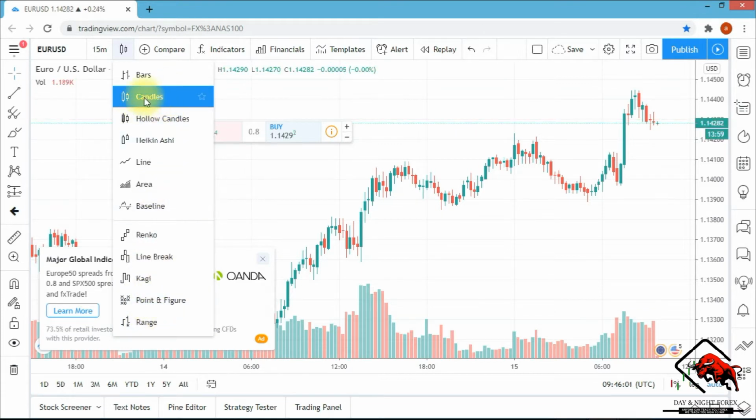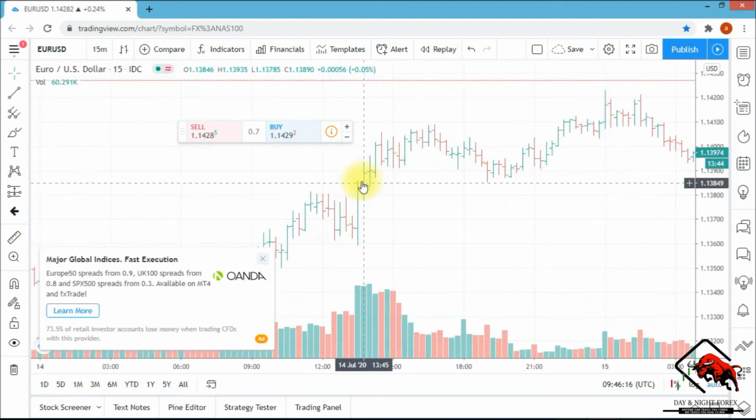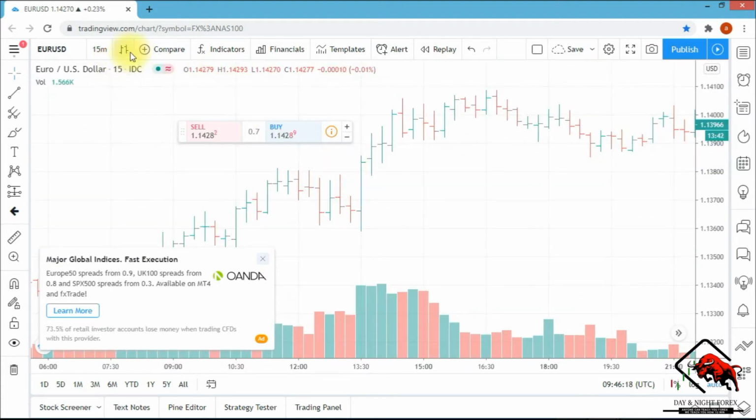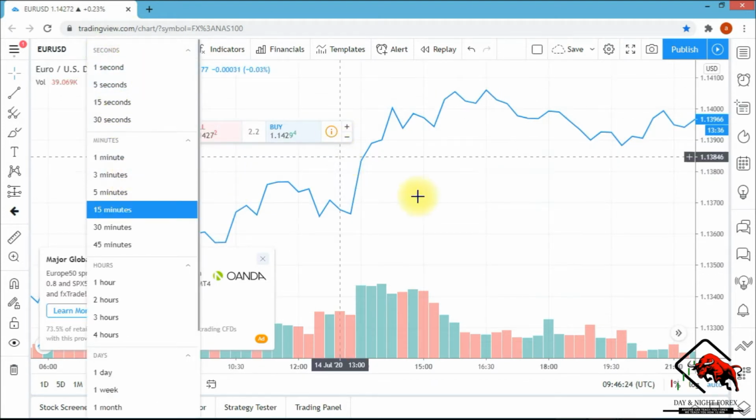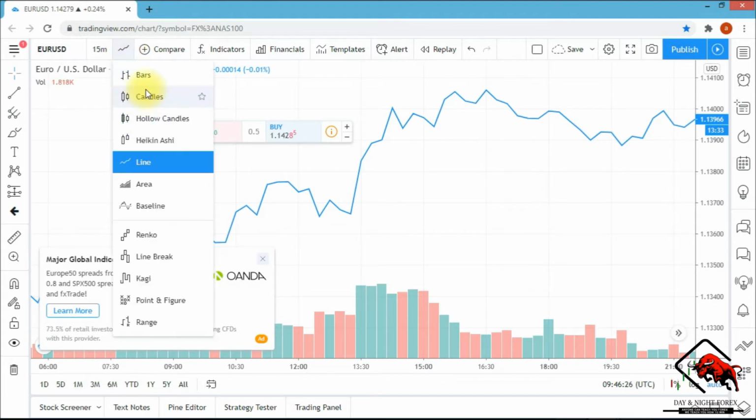But the most commonly used ones that you find on MT4 and MT5 are the candlesticks, which are basically my favorite and easier to understand, and you also find the bars and the line graph. These are the three that we'll go through. The bars basically look like this, then you have the line graph, which looks like that, and then back to our candlesticks.